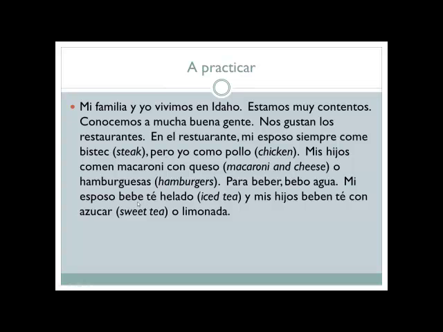So here again, where the yo conjugation was bebo, I'm using the él conjugation, bebe. Y mis hijos beben té con azúcar. So here, the ellos conjugation, beben. So keep practicing with these, get familiar with the patterns, and then look for ways to incorporate these conjugations into your speech and writing.